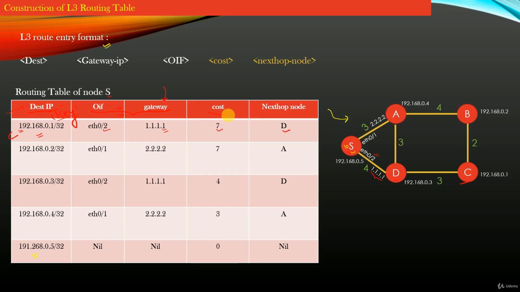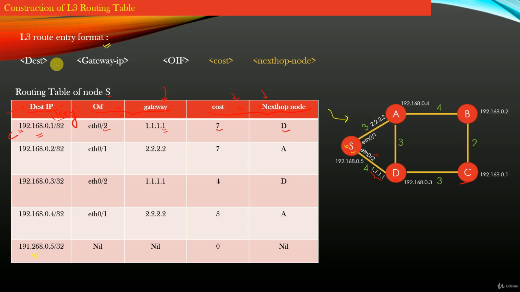Whereas the next two things, that is cost and next hop node, are optional to have in the routing table entry. These two pieces of information are there only to tell you more about the routing table entry. These fields are not used by the router to forward the traffic destined to the destination in the network.